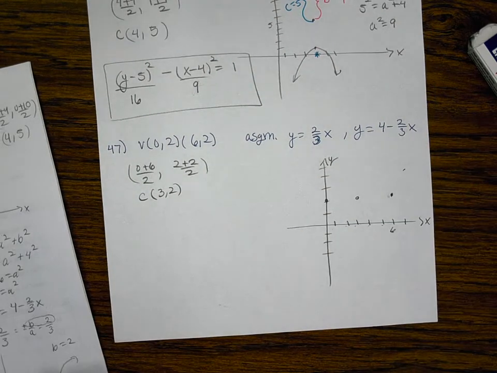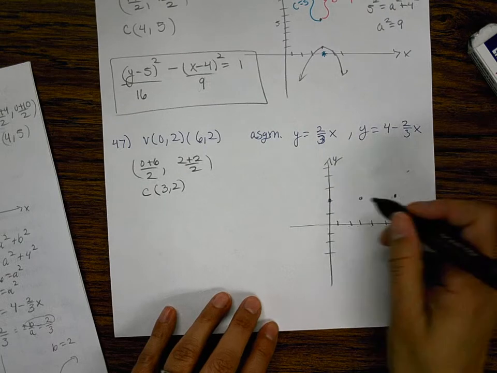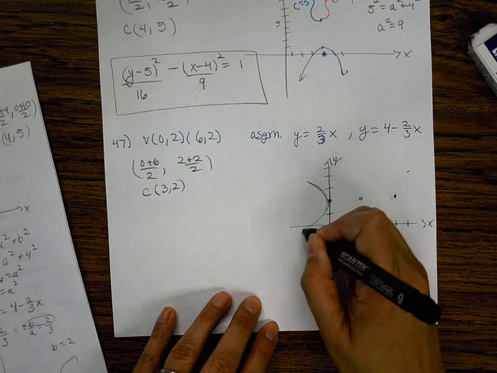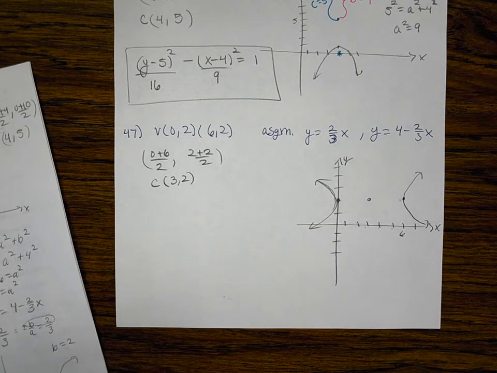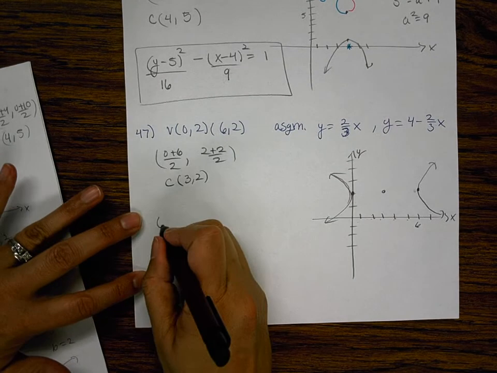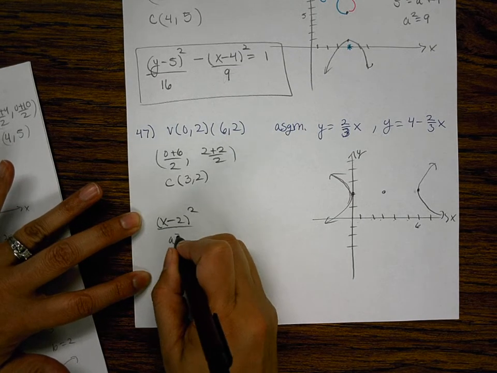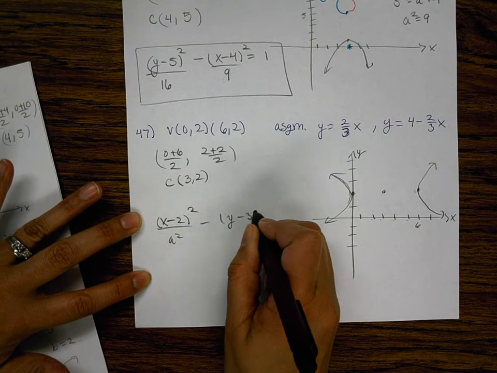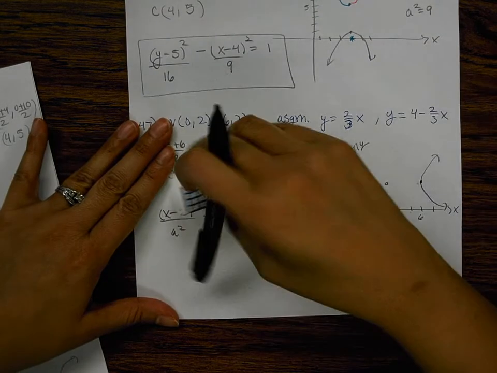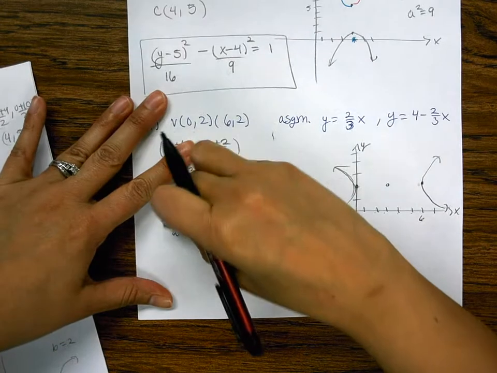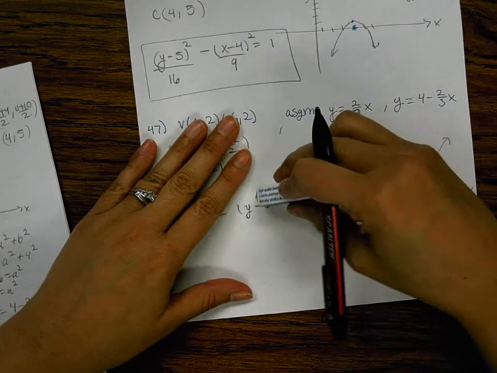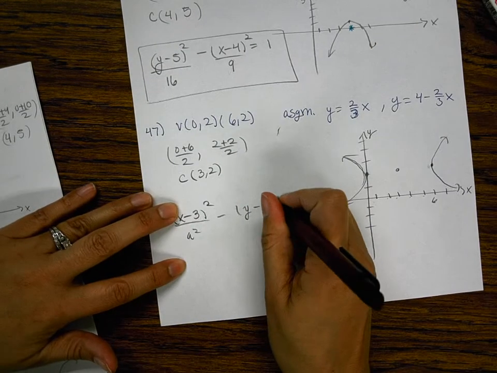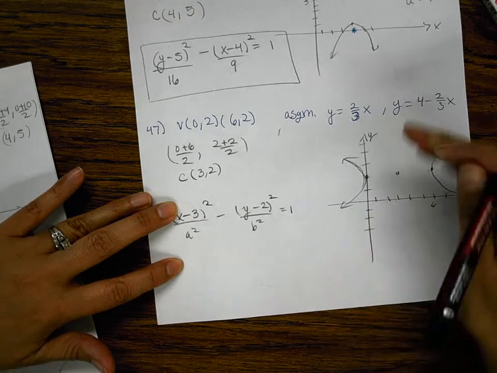Okay. Now I don't know my foci, but I don't need to know the foci. I can tell I'm going to be opening right and left because my hyperbolas always open in the direction of the vertices. Wherever the vertices are is the direction my hyperbola is going to open, which means x is coming first. X minus 3 squared over a squared, and then y minus 2 squared over b squared equals 1.